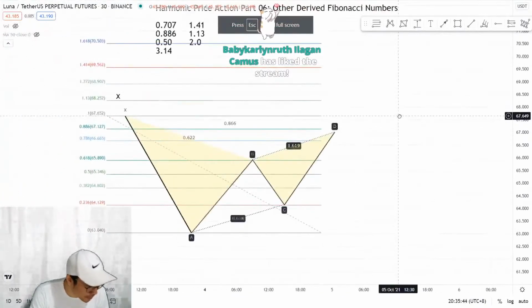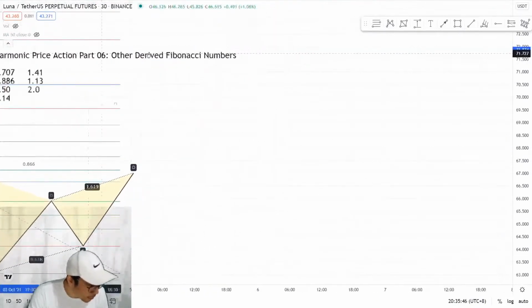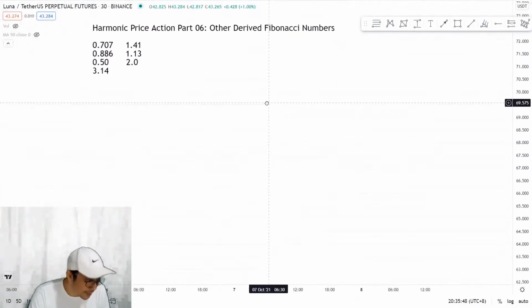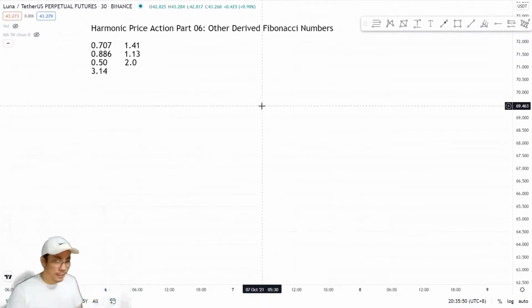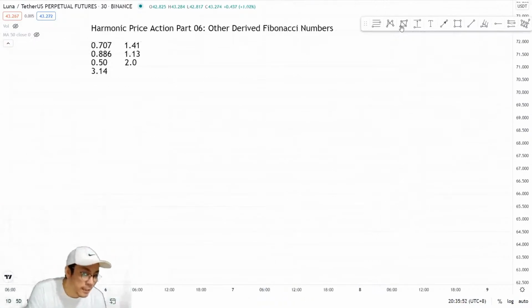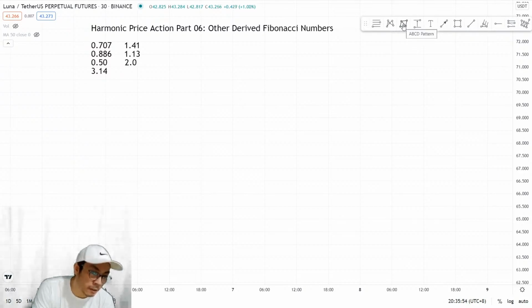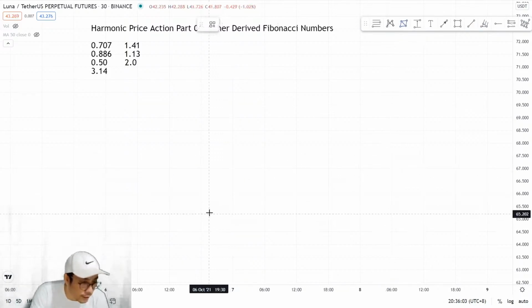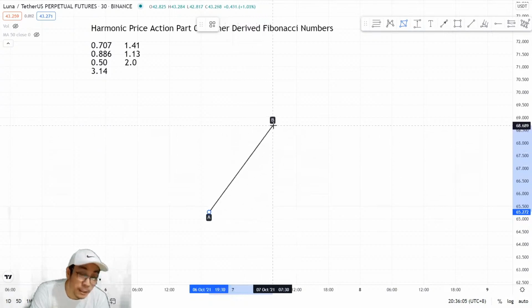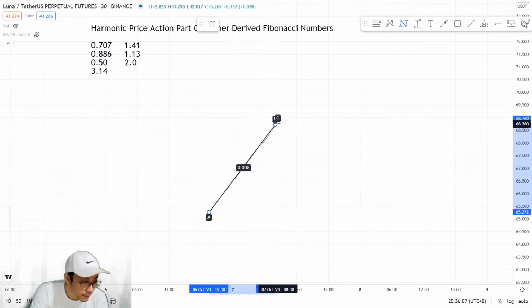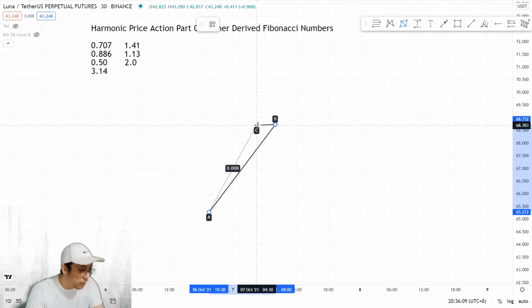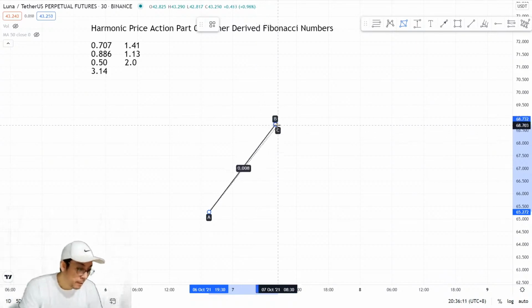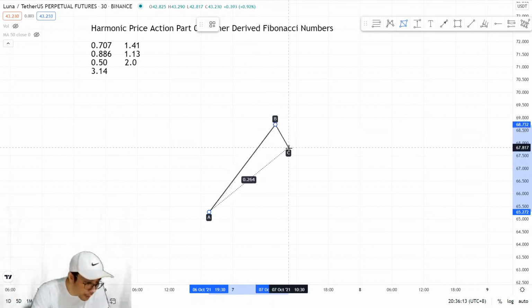Okay. So let's just put this aside, and I'm going to drag this one, so we will have a sample. For simplicity purposes, I'll use the ABCD pattern instead of a 5-point pattern. Again, we will have this X A to B, right? And after that, let's use the 707 as an example. With that one, we will have a pullback.